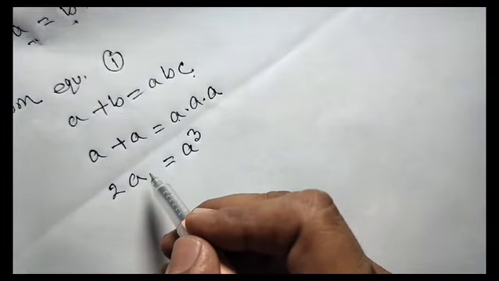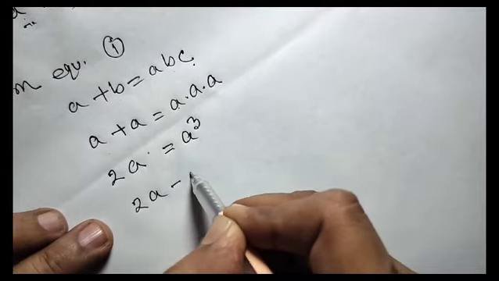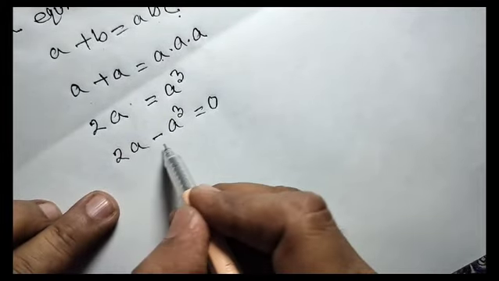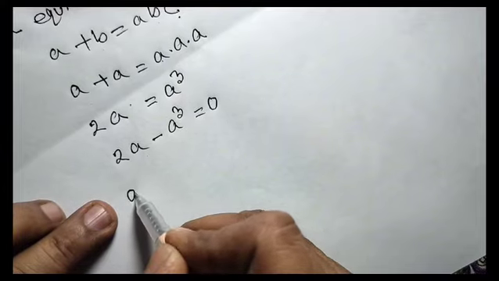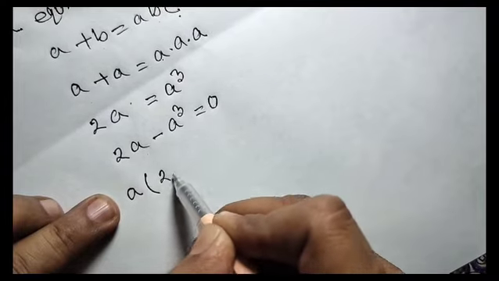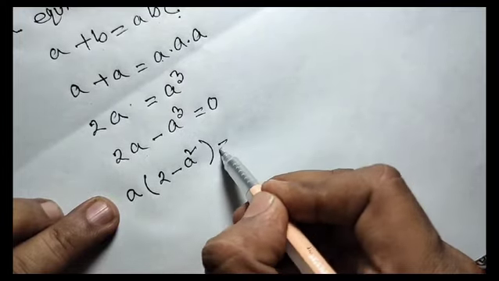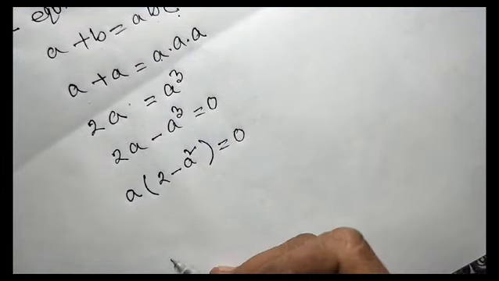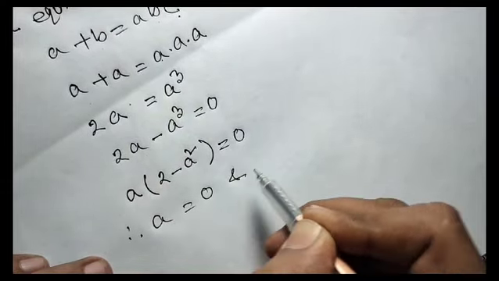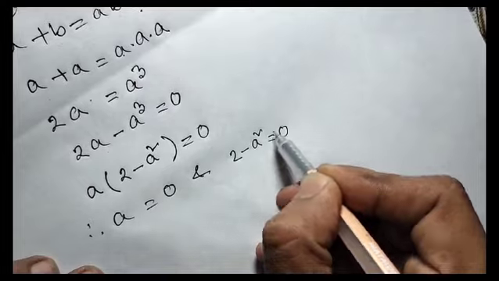So here we can write twice a minus a cube equals 0. Here we can take a common from both, then a times (2 minus a square) equals 0. So we can write a equals 0 and 2 minus a square equals 0.